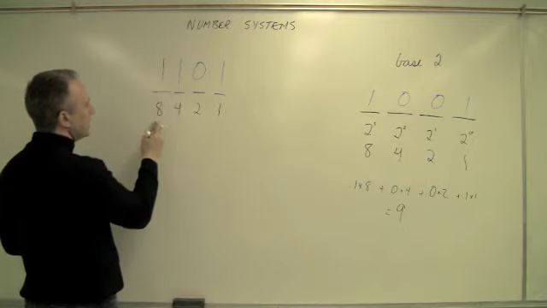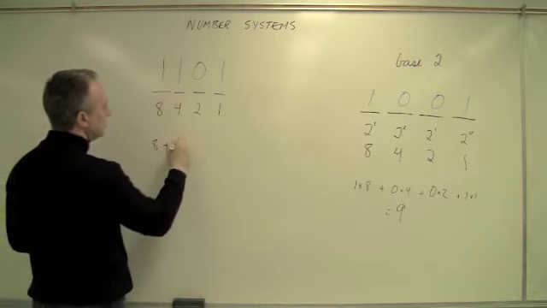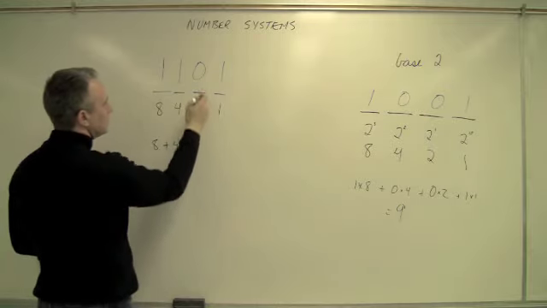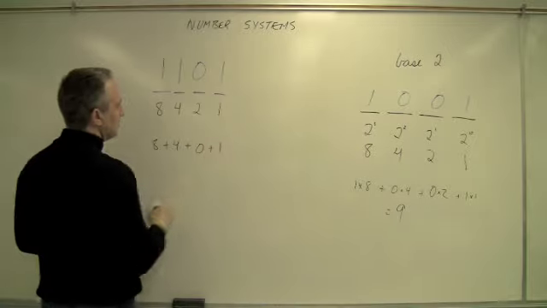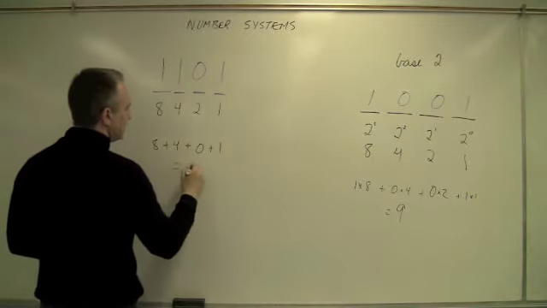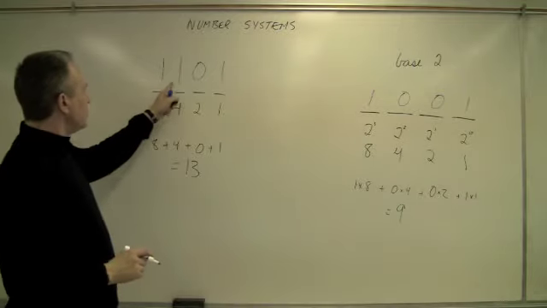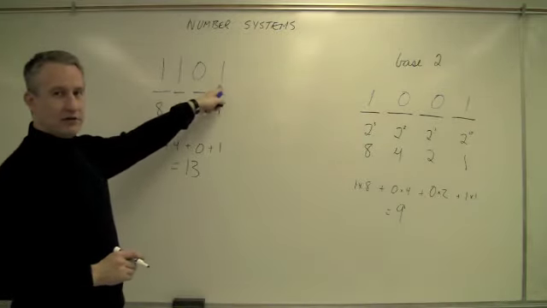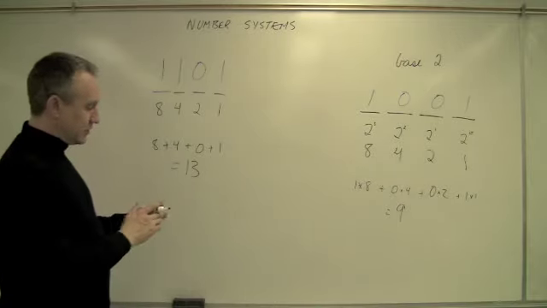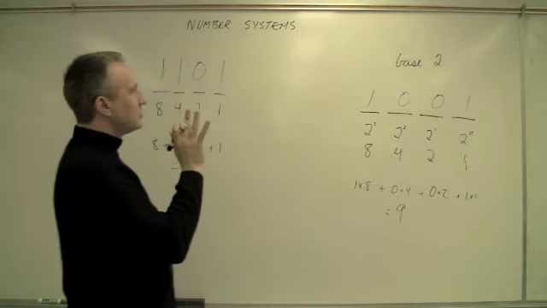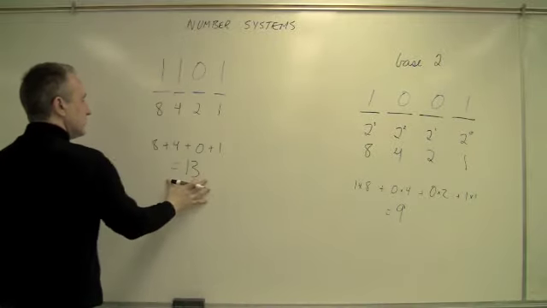So 1 times 8 is 8, 1 times 4, 4, 0 times 2, 0, 1 times 1, 1. And that equals 13 in decimal. So 1101 in binary is decimal 13. And that's how we can do any conversion from binary into decimal.